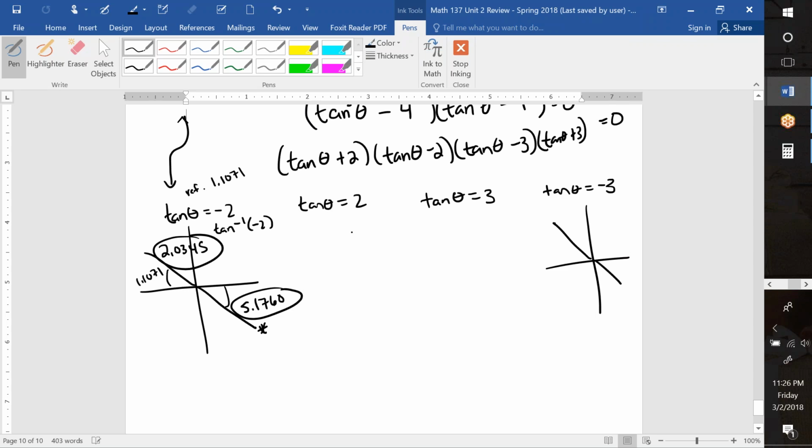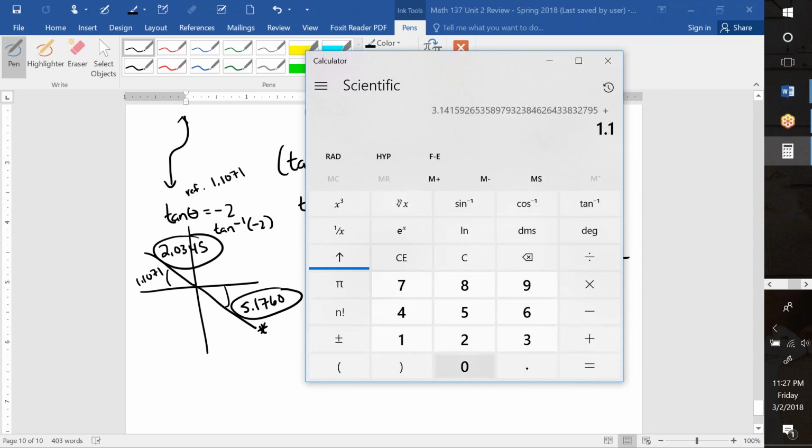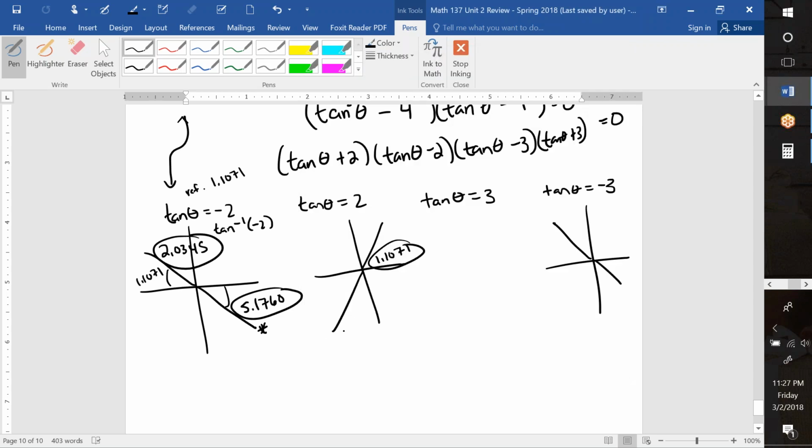And then we would also have to do tan of positive 2, but that's the same ratio, so it should just have the same reference angle, 1.1071. And then this one would be pi plus that. So pi plus 1.1071. So 4.2487. Because those had the same ratio but just different signs, so they're in different quadrants.